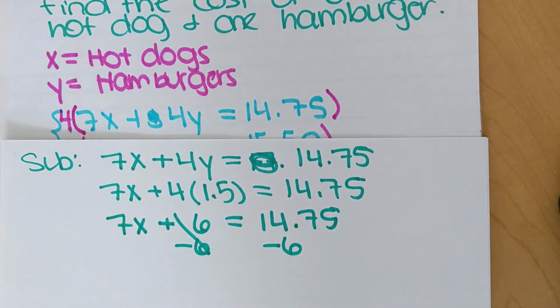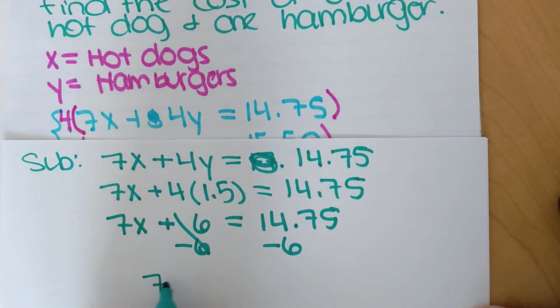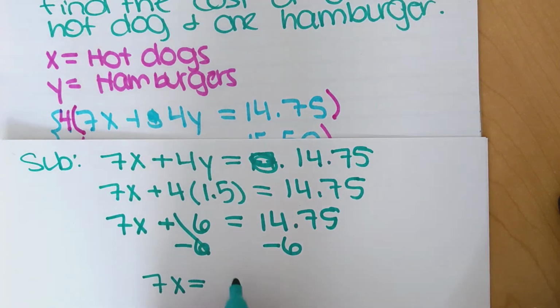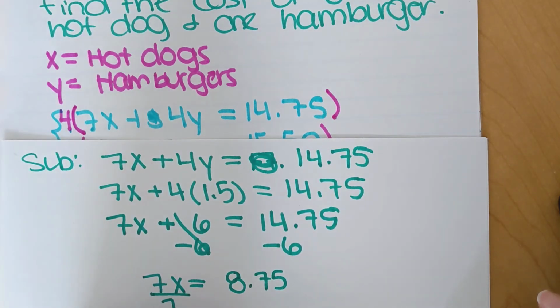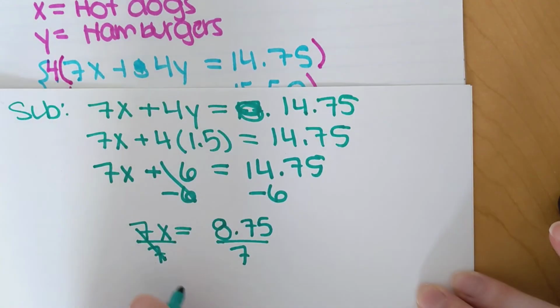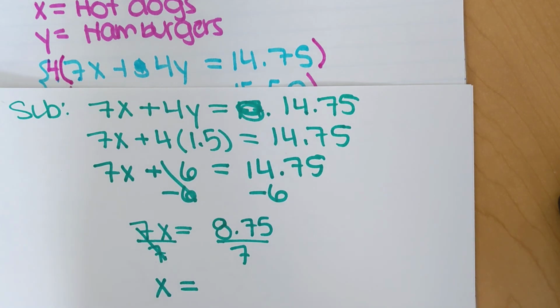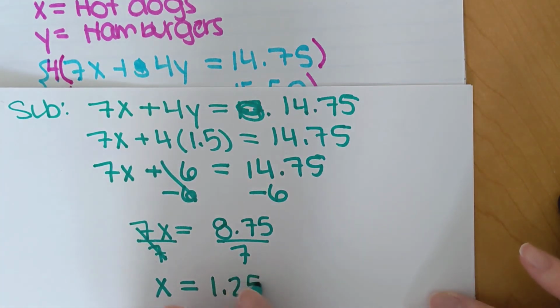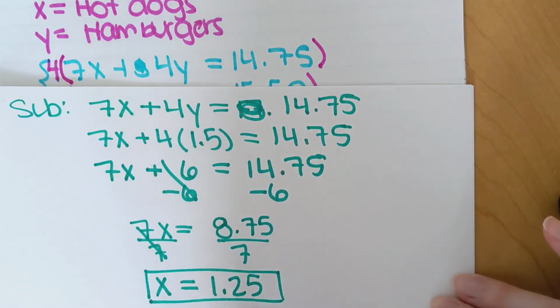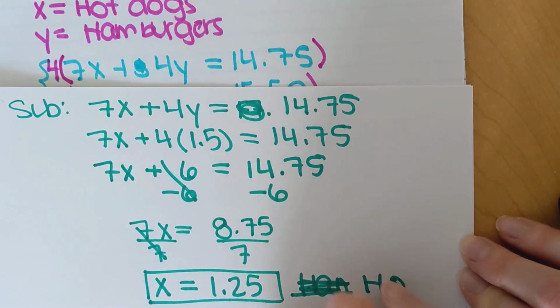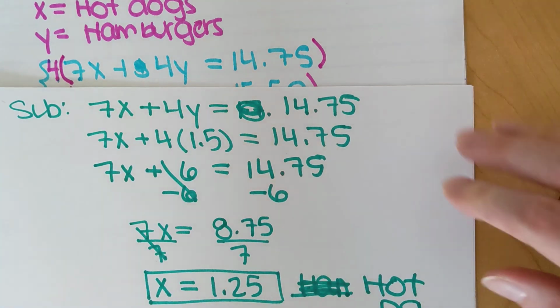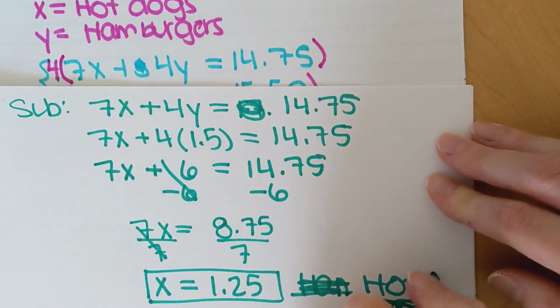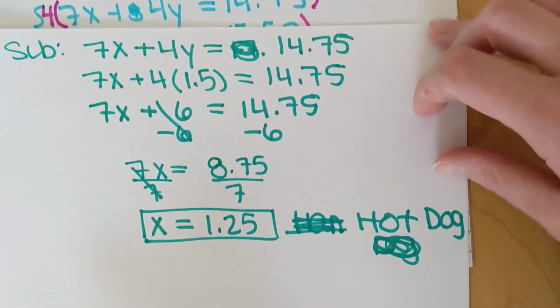So we have to go through that, subtract 6 from both sides, get 7X equals, so the 14.75 minus 6 gives us 8.75, and then divide by 7 to get X is 1.25. So that tells us that the hamburger, wait a minute, X represents hot dog. The hot dog represents the X, and so that would tell us that the hot dog costs $1.25.